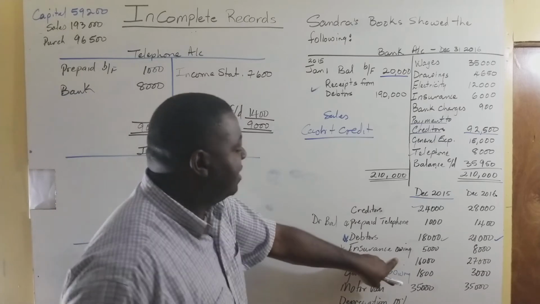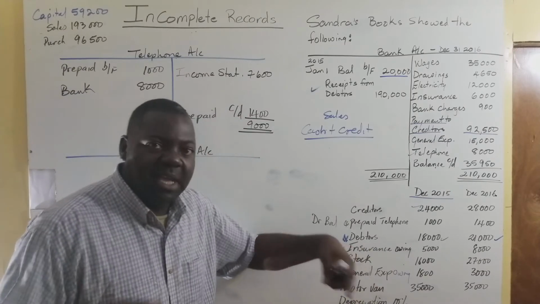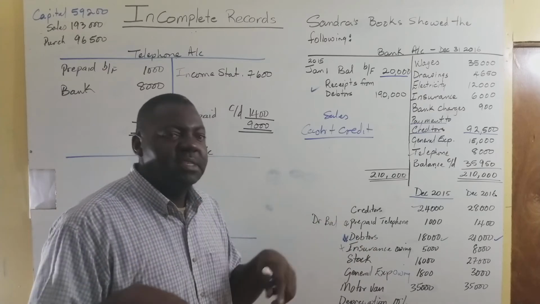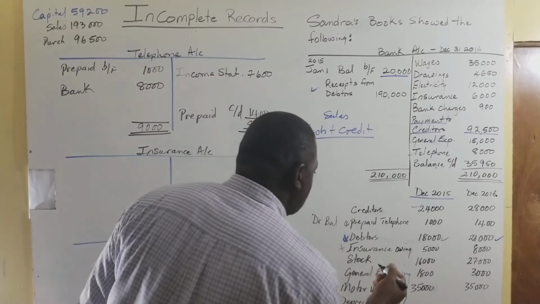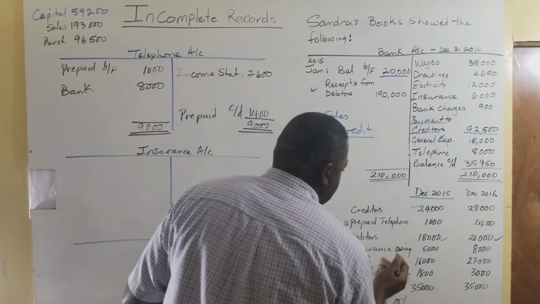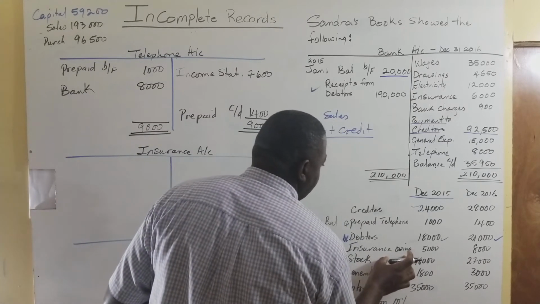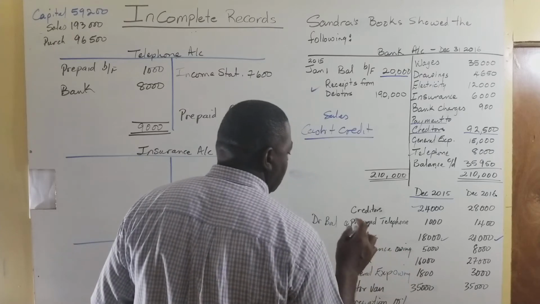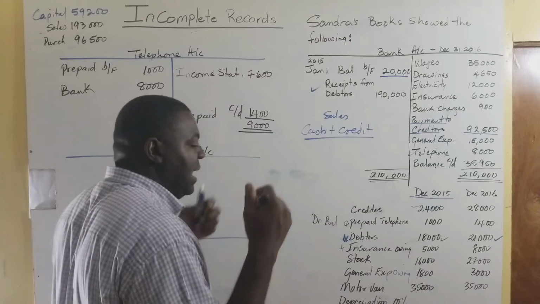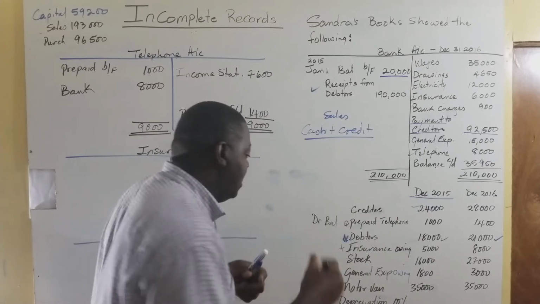They indicated to us that insurance is owing, same thing as accrued or outstanding, or another word is arrears. So the opening insurance owing or accrued is a liability, current liability. Liabilities carry what kind of balance again?